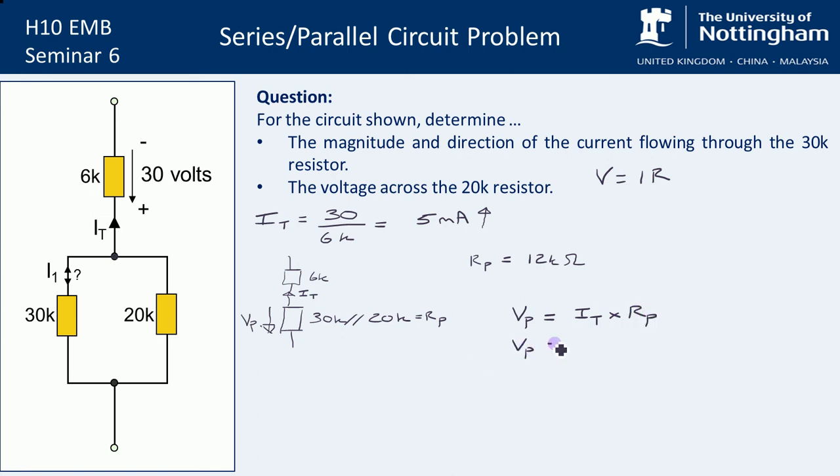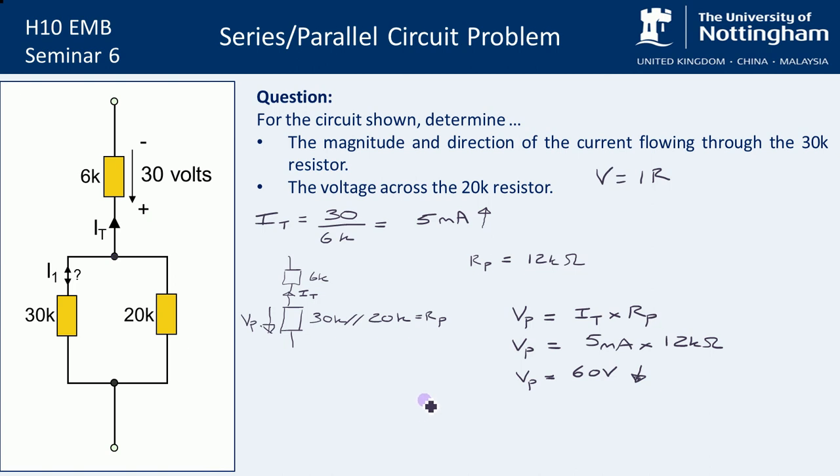So Vp is equal to 5 milliamps multiplied by 12 kiloohms, which gives us Vp equal to 60 volts. And what direction is it? Well, it's downwards. I've drawn that on the diagram, and that should be quite intuitive from where I got that from. Remember, it's opposite the direction IT is going.